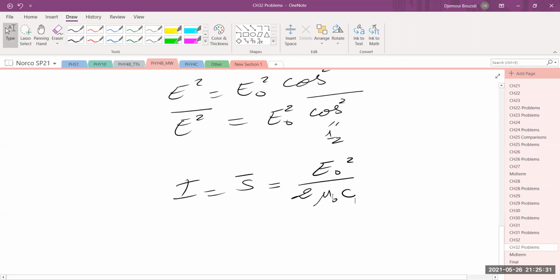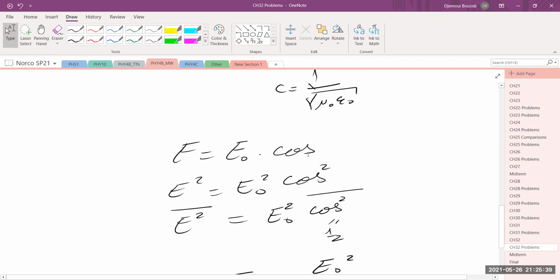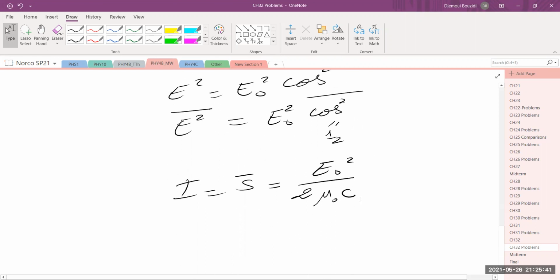Or if you wish, you could play around with this C and cancel C and write it in the numerator and have an ε naught instead. There is another way of rewriting this expression, but in terms of ε naught. I prefer to write it in μ naught. It should give me the same thing.